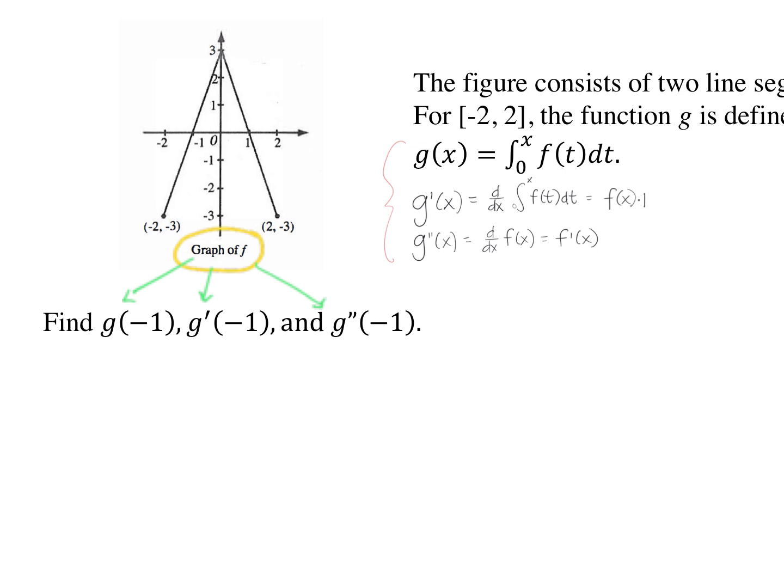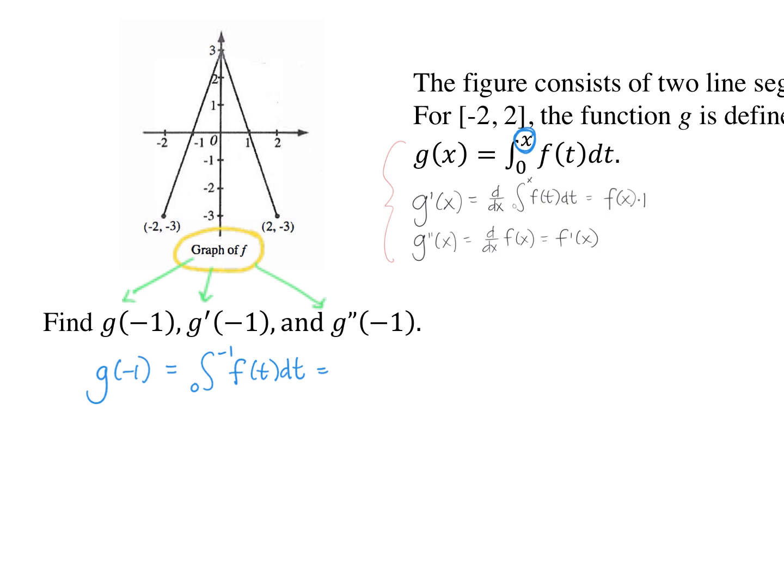First question, find g of -1. Well, we want the relationship of what g is to f. So looking at what we are given here, x is the upper bound. So -1 should be our upper bound of f of t dt. In other words, we want to find the area of the graph we're given between the bounds of 0 and -1.